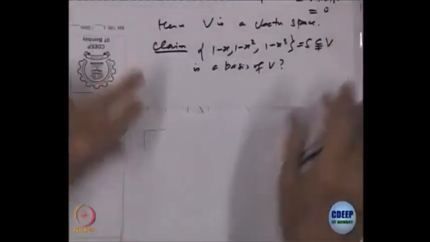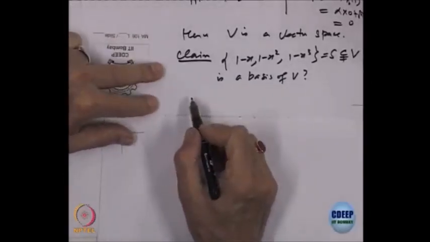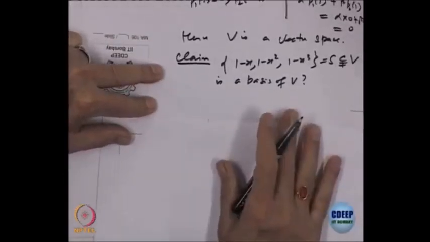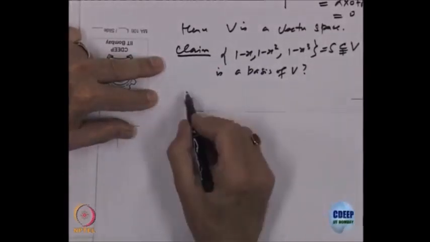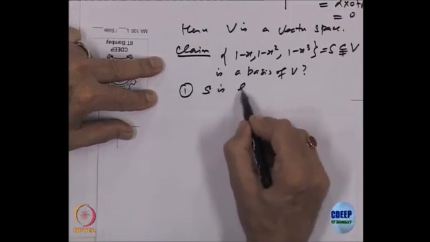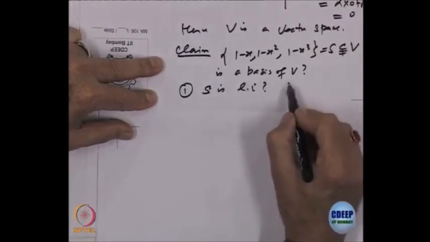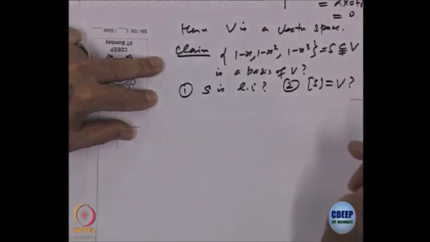So, now the claim is that it is a basis. So, what is the first thing we should check? What are the two things to be checked? One, this set S is linearly independent, and second, it generates V. These two things are to be checked. So, let us check them one by one.